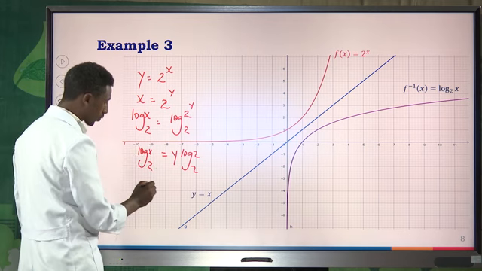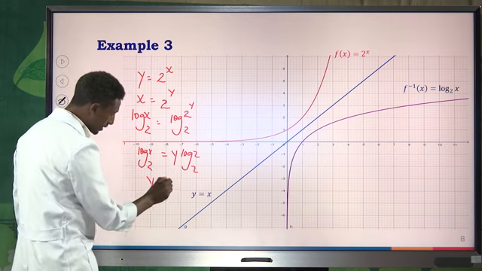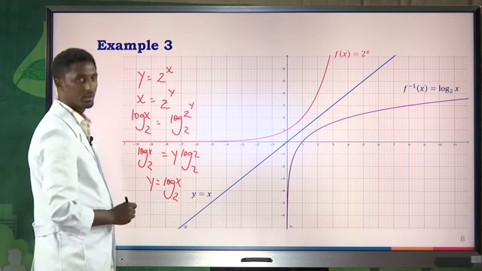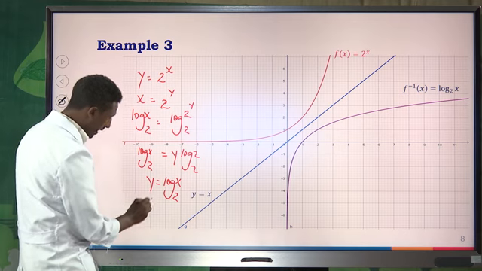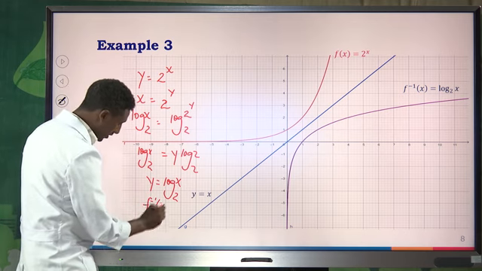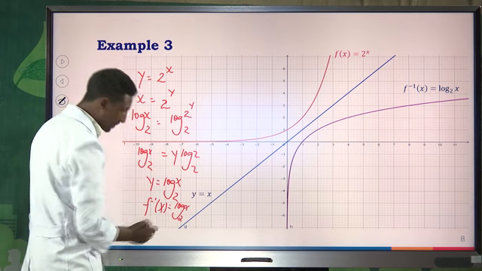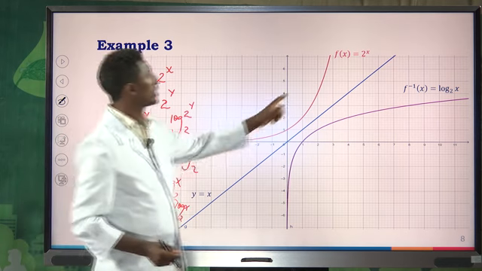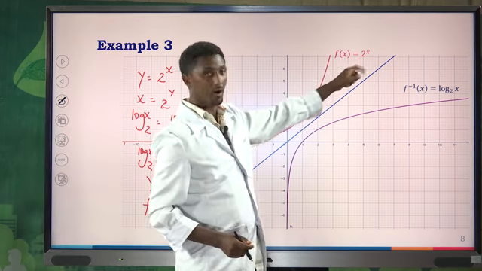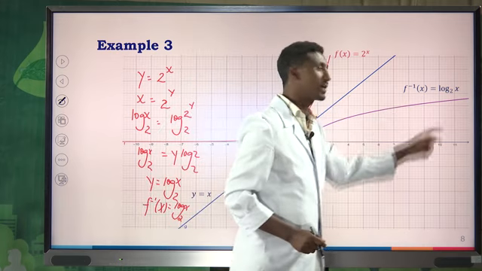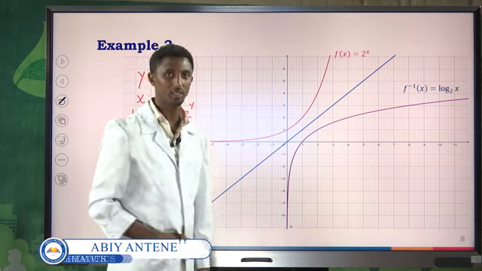Therefore, y equals logarithm of x to base 2. Now we can write f inverse of x equals logarithm of x to base 2, which implies f of x equals 2 to the power of x and this function f inverse of x, log x to base 2, are inverse to each other.